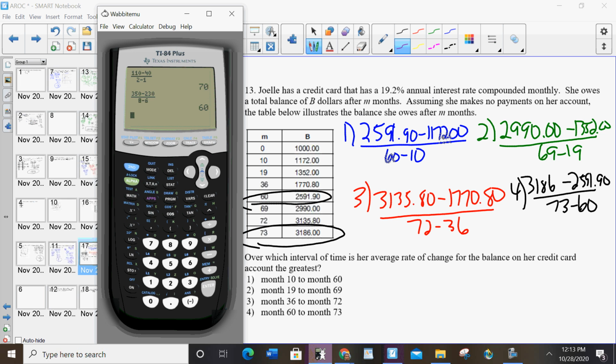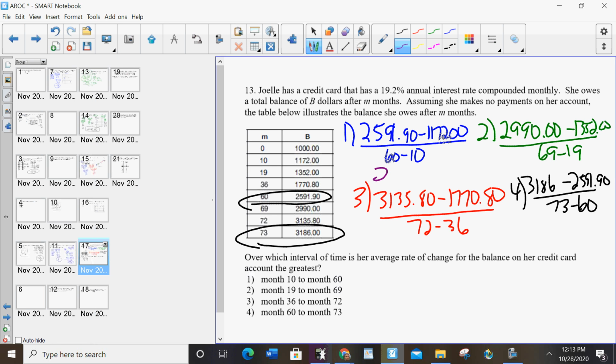Let the calculator do all the hard work for us. For choice 1, 2591.90 minus 1172.00 over 60 minus 10, 28.398.